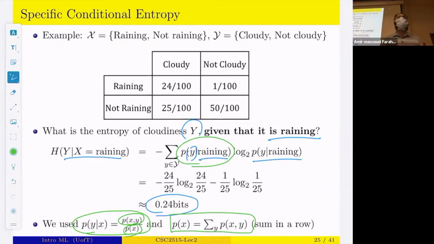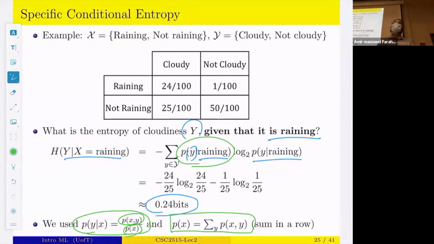Yes, there is a question. If you know that it's raining, does that automatically reduce the entropy? Yes, I believe your knowledge of something reduces your entropy. Compared to the entropy of just Y?